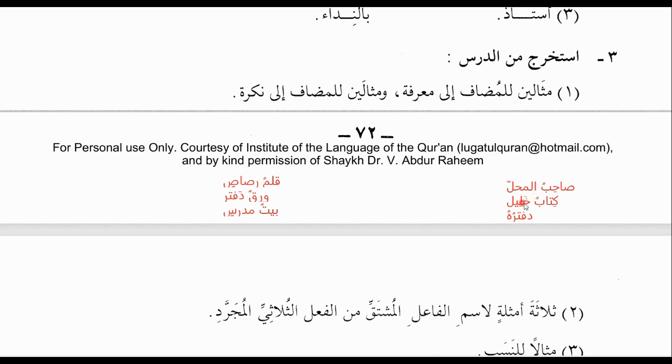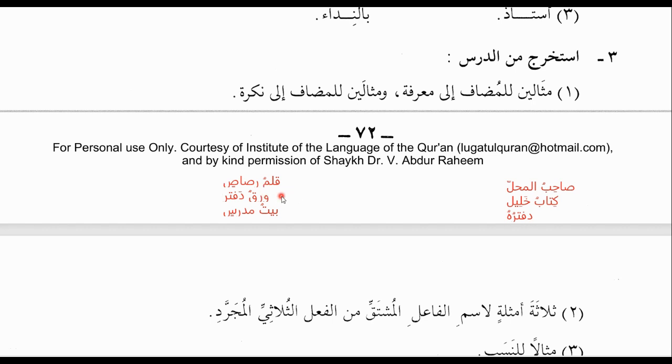Sahibul mahalli, this is a marifa idafa, as you can see the presence of lamat tarif. Another example I have given you, Kitabu Khalilin. This is a marifa idafa, but with a proper name. And Dafturuhu, this one is added with the damir hu, so it is an idafa actually, and it is a marifa idafa.